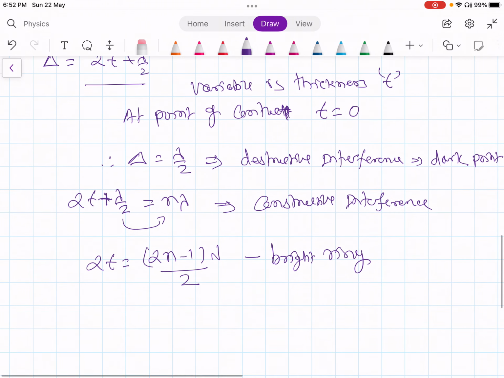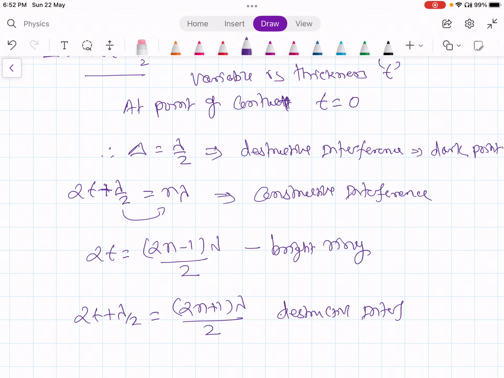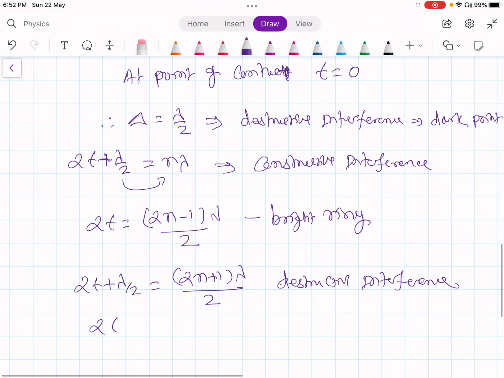or constructive interference. And when 2t plus lambda by 2 is equal to (2n plus 1) lambda by 2, you will get destructive interference. That is, after simplification, when 2t is equal to n lambda, you get dark ring.